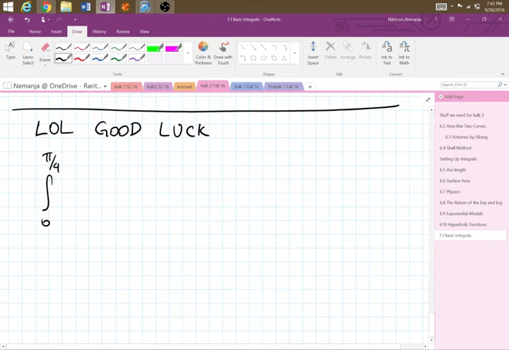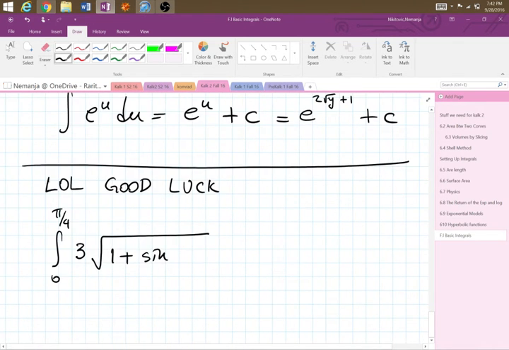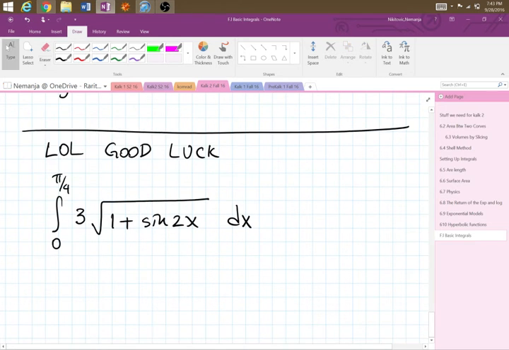Oh, that's a trick. Is that a 0 for the lower limit? Yes. It's not a cube root.